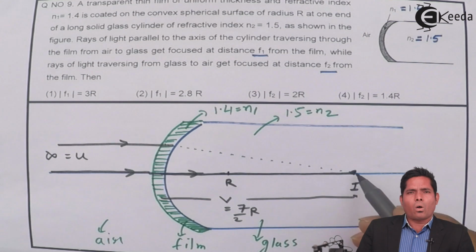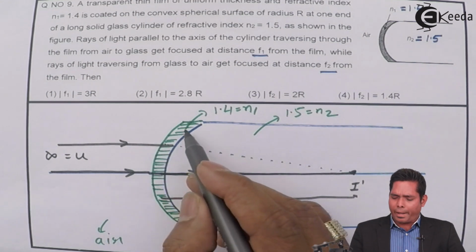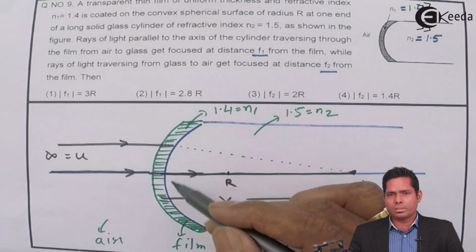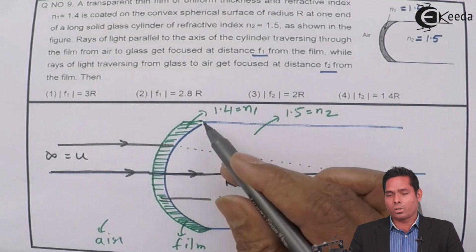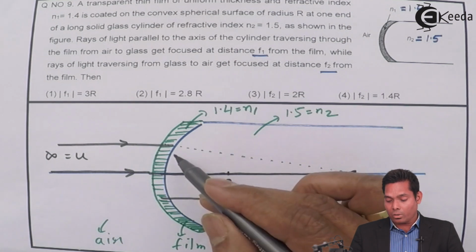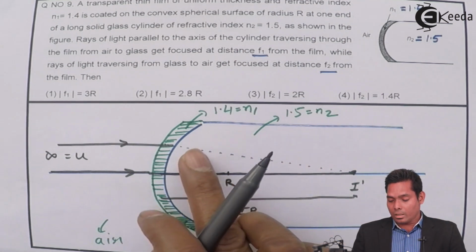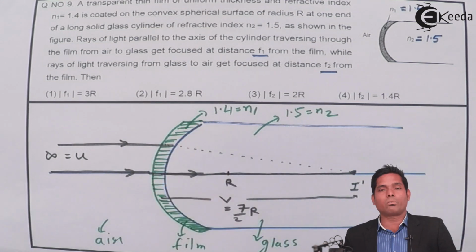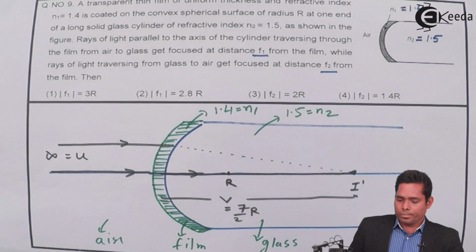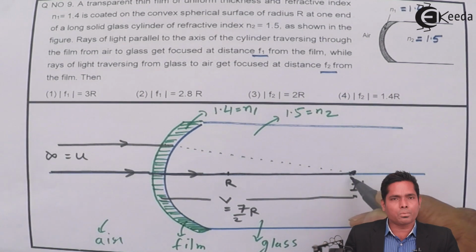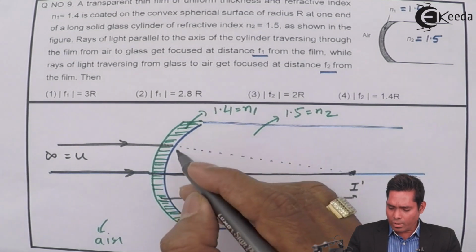But then the image found by this film will act as the object for this glass convex lens or something like that, because I can call this a convex lens, because that is bounded by one curved surface. So this will act as a point object for this one.